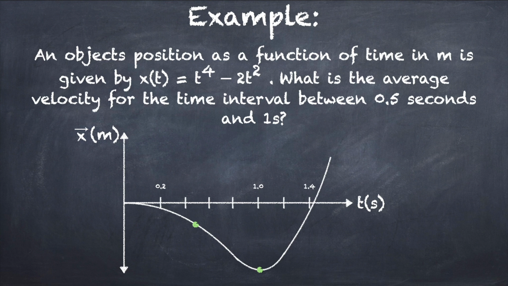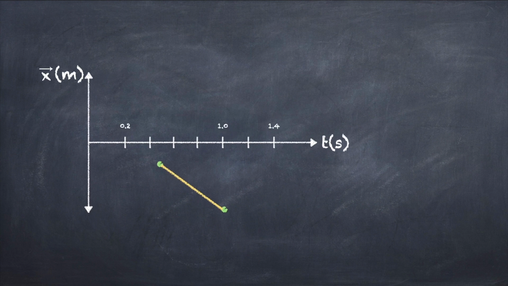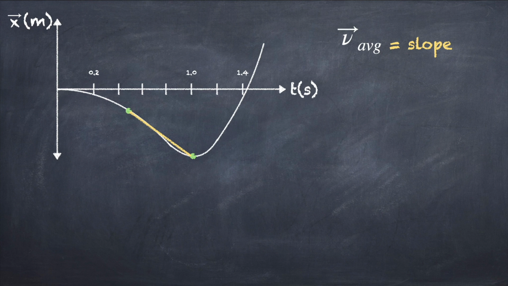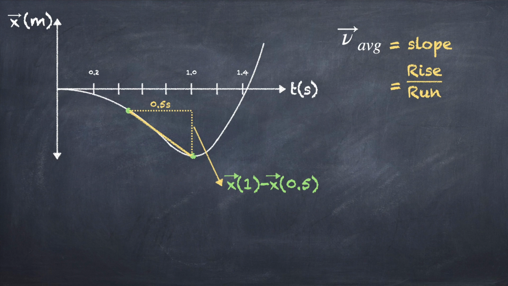To compute the average velocity over this time interval, we just need to draw a line between these 2 points and compute the slope of that line. The slope is given by rise over run. We see that the run of this range is 0.5 seconds. To find the rise, we must know the difference between the position at 1 second and that at 0.5 seconds. We can calculate these by substituting these times directly into the function.